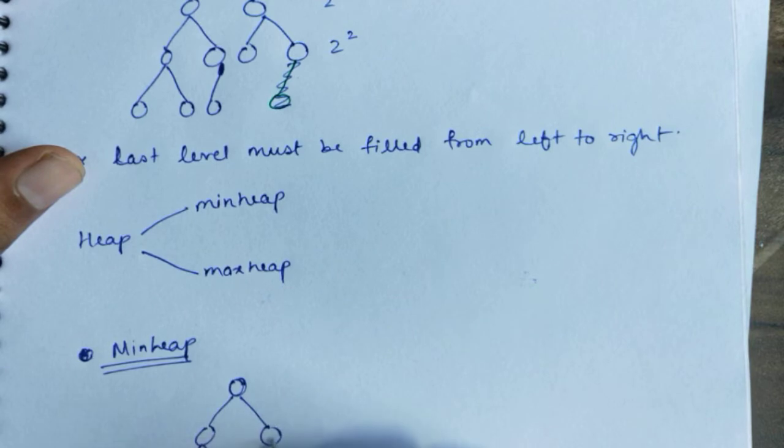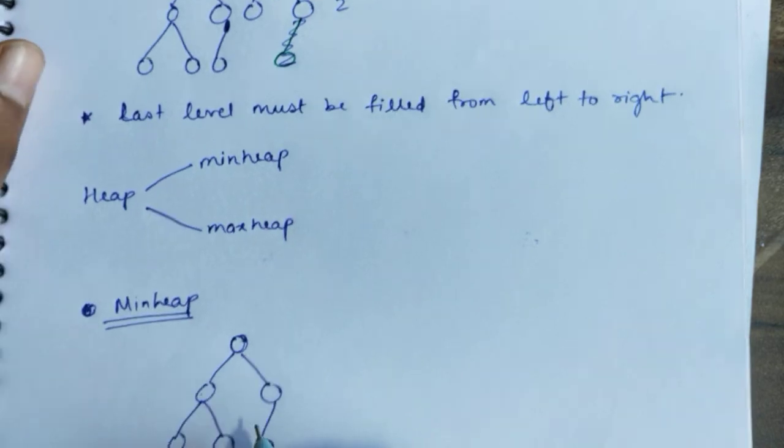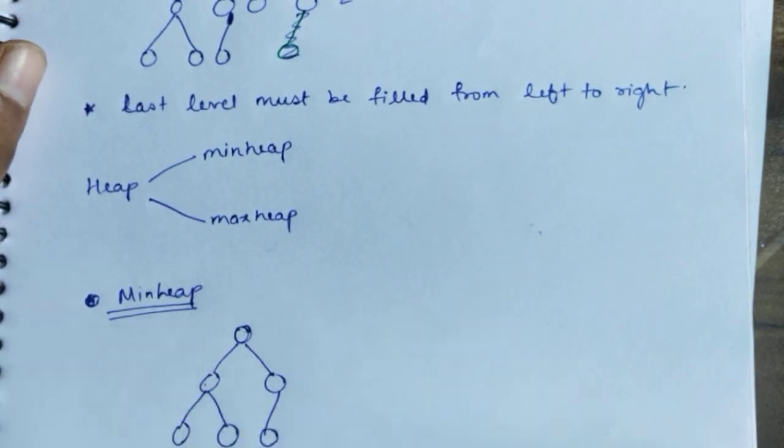This node must be smaller than this node and this node, and this node must be smaller than this node and this node. And as there are no children for this node and this node, so we will not see this property for all the nodes which do not have any children. So the node which is having children, that node must be smaller than all the keys of its children.